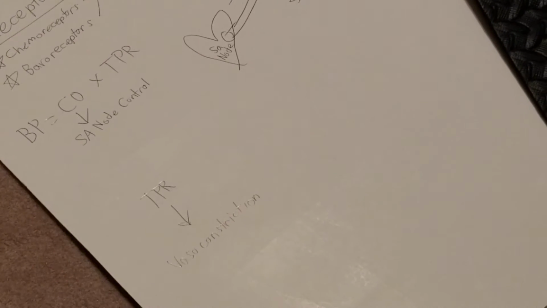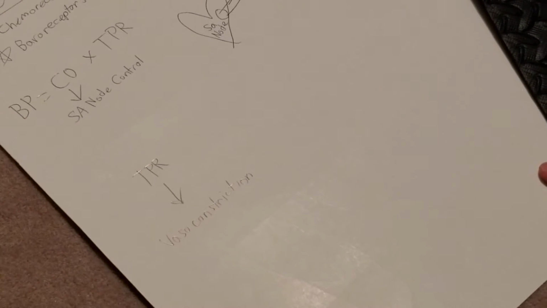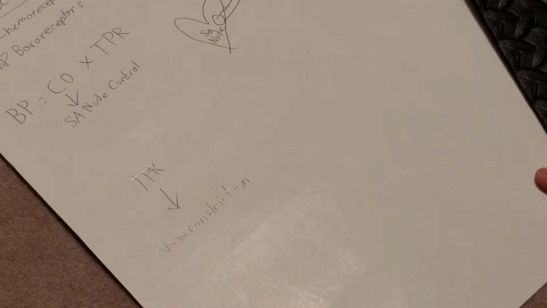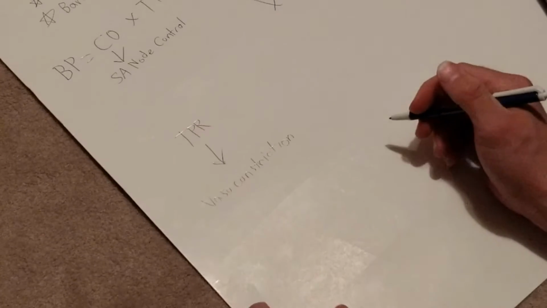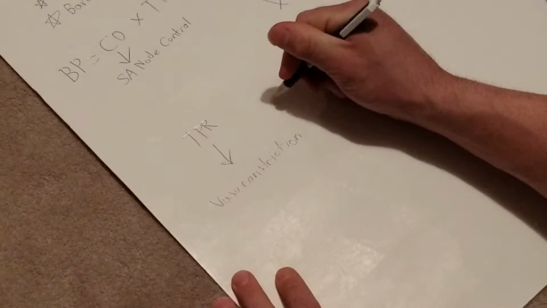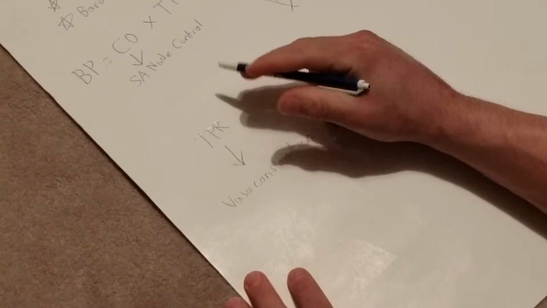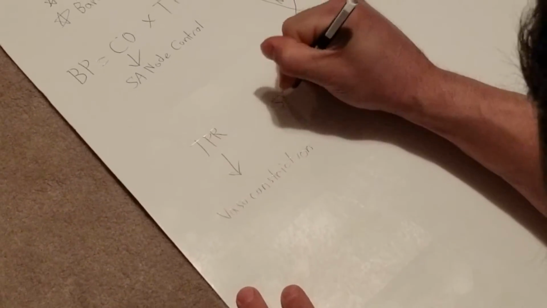The vasomotor center of the medulla is where we are sending the signals, and instead of sending something to dilate the vessels, we only send stuff to constrict them.